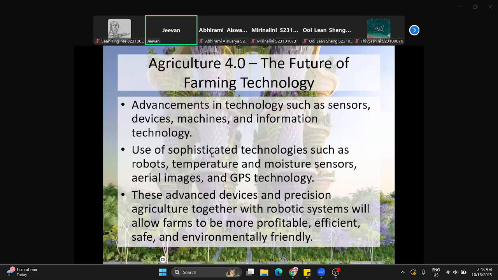There are also some sophisticated technologies like robots, temperature and moisture sensors, aerial images, and GPS technology that we are already using in smart farming systems. All these advanced devices and precision agriculture combined with robotic systems will be very helpful for farmers. It can profit them, making their ways of growing crops more efficient, safe, and environmentally friendly.